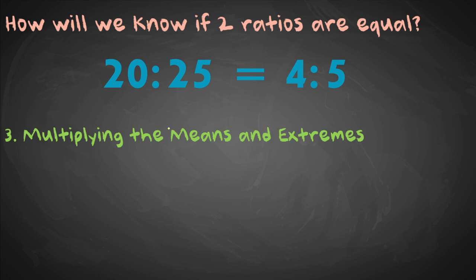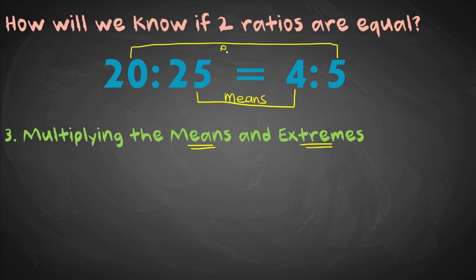So the next one is by multiplying the means and extremes. So in this equation, meron tayong means and meron tayong extremes. When we say means, ito yung inner terms. And then yung extremes, ito yung outer terms. So i-multiply natin 25 times 4 equals 20 times 5.